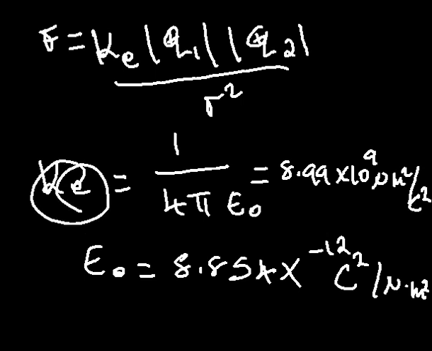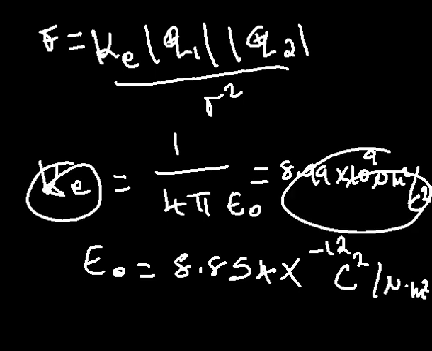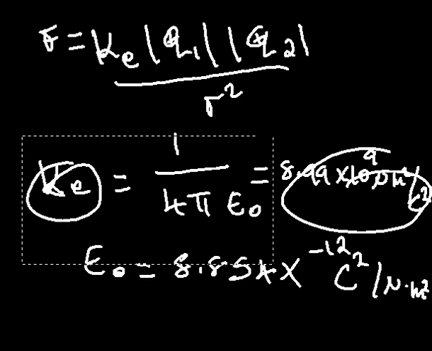So the Coulomb's constant is also said to be a dimensional constant, a constant that can be measured. This is what we call the Coulomb's constant, and the value is always fixed. This is what we call the Coulomb's law.